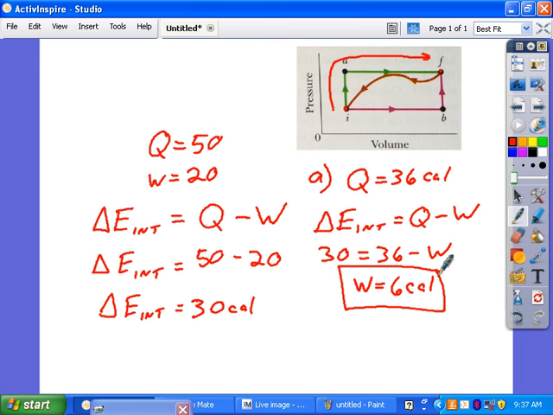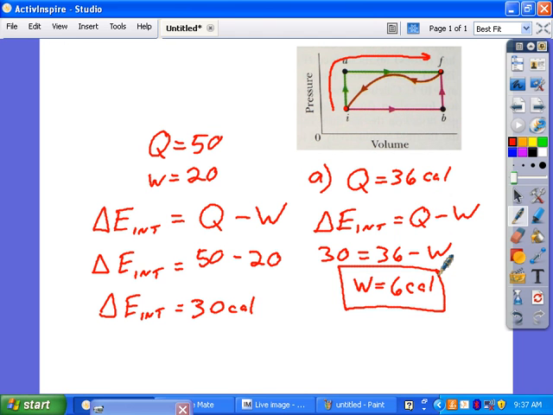Okay? So, that's all that we really need to do here, is we need to identify what variable we're looking for and then work right through. It's all with the first law of thermodynamics here. Okay, so if W equals negative 13 calories for the return path FI.